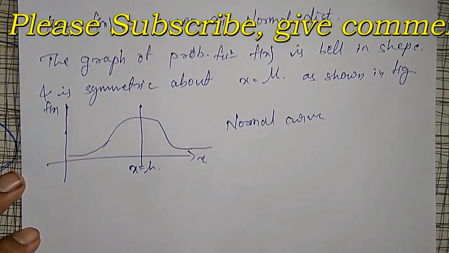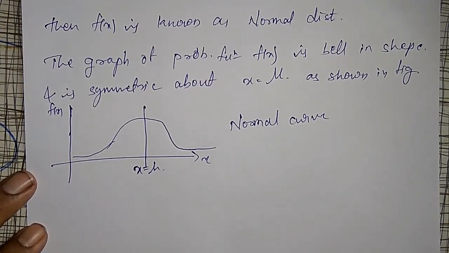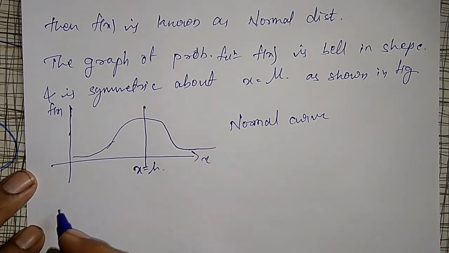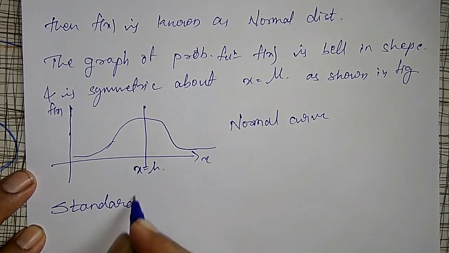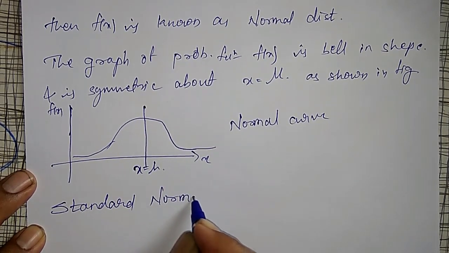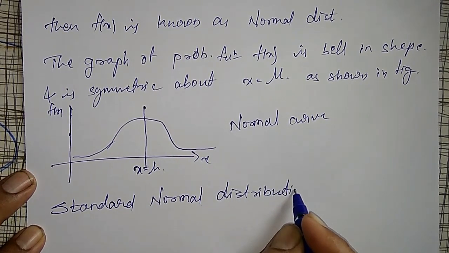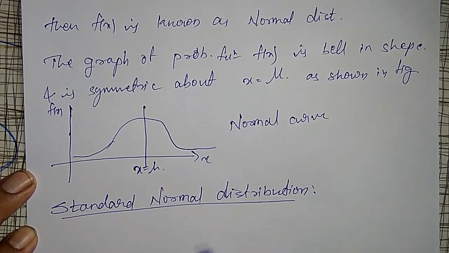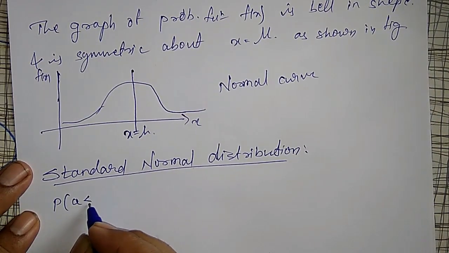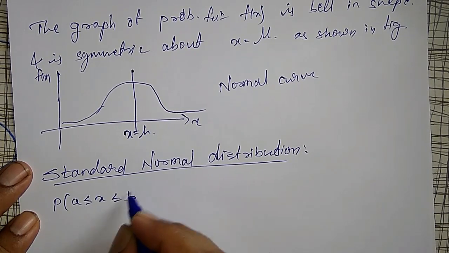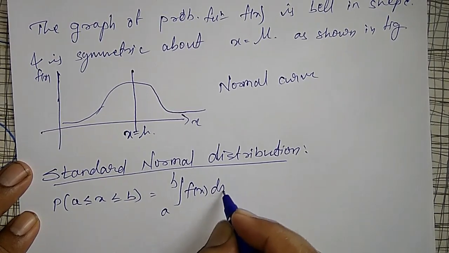Now, solving this integration, I will explain the standard normal distribution. Here we know that the probability of a less than or equal to x less than or equal to b is defined to be the integration from a to b of f of x dx.